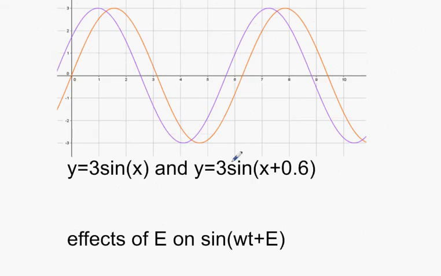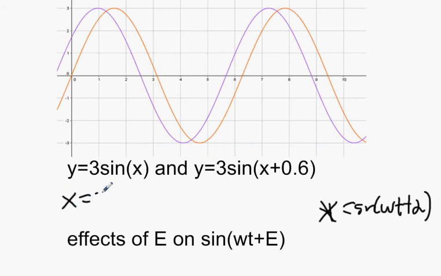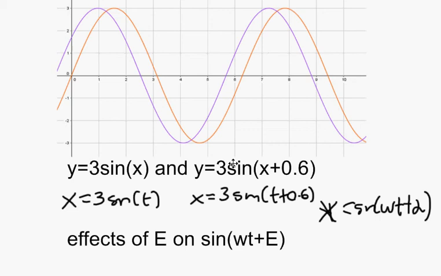I'm going to stay with x equals sine omega t plus alpha, and I have two new equations: x equals 3 sine t, or x equals 3 sine t plus 0.6.